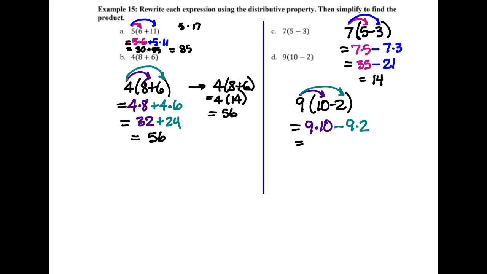So 9 times 10 is 90, and then I'm subtracting 9 times 2, which is 18, and I don't know that this one's any easier this way, but 90 minus 18 is 72. Okay, double checking, doing it the other way, so parentheses first, this would give us 9 times 8, and we know 9 times 8 is 72. Checking this first one, so parentheses first, we would get 7 times 2, which is what we got, so those checked out.